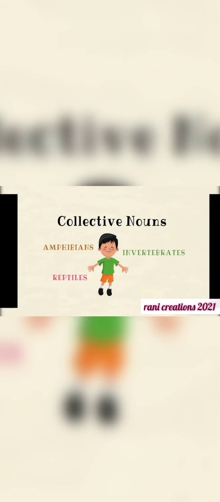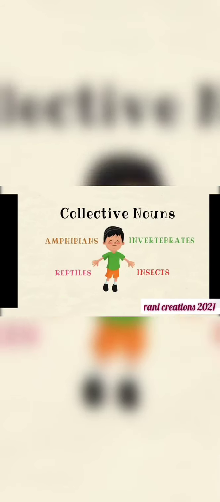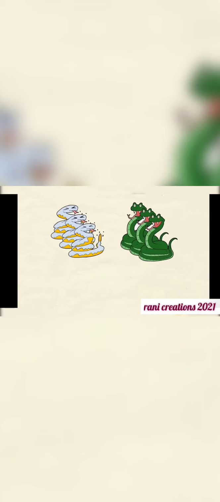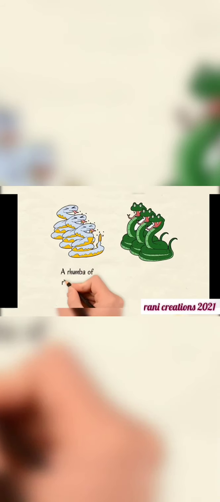Collective nouns: amphibians, reptiles, invertebrates, insects. A rumba of rattlesnakes. A den of snakes.